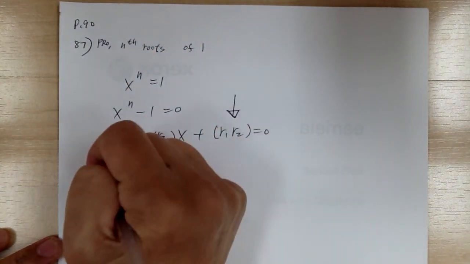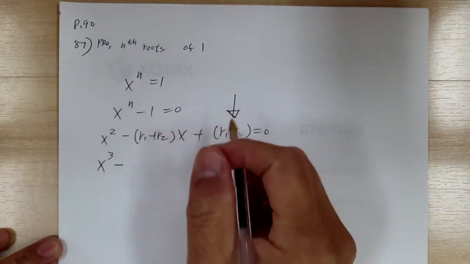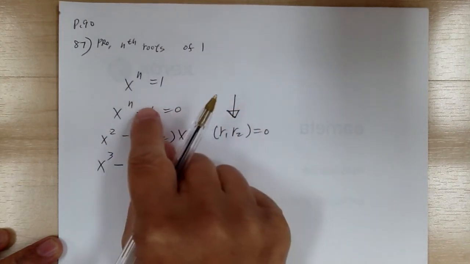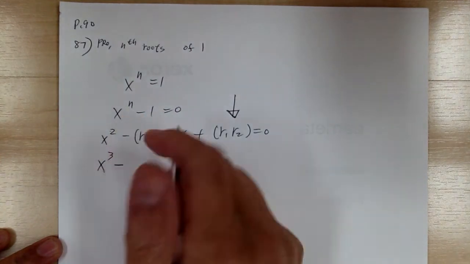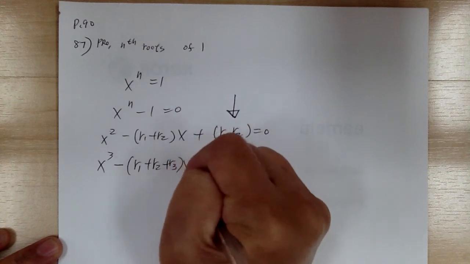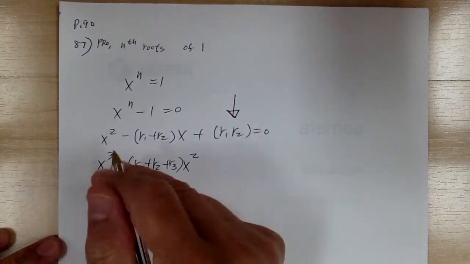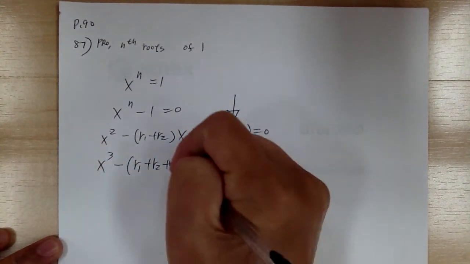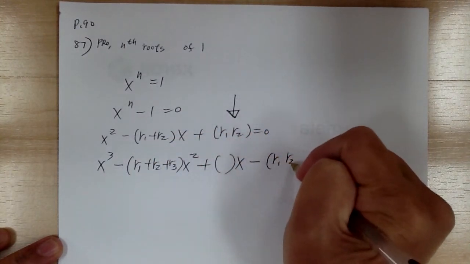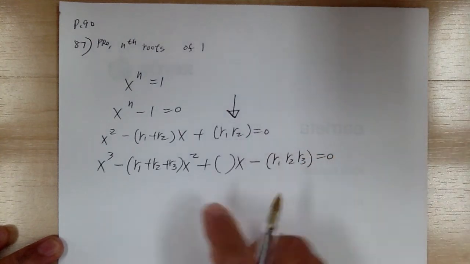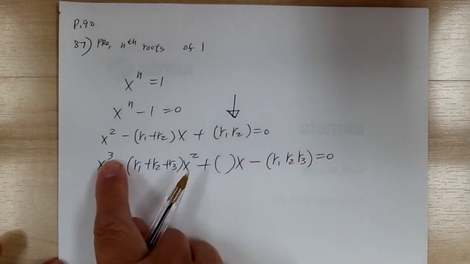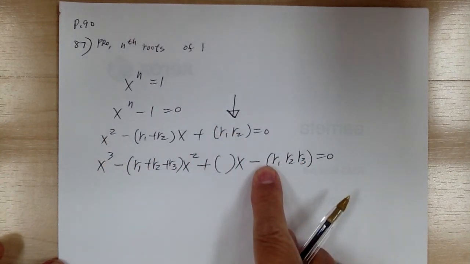Now for the cube, here's your product of the roots, but it will depend on the n. So for the cube, it would be x cubed minus (r1 plus r2 plus r3) x squared, plus minus plus something x, then minus r1 r2 r3. Notice that when the exponent is even, it's going to be positive. When the exponent is odd, your product of the roots would be negative.